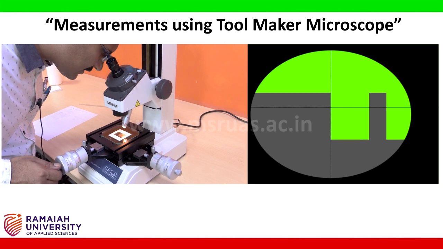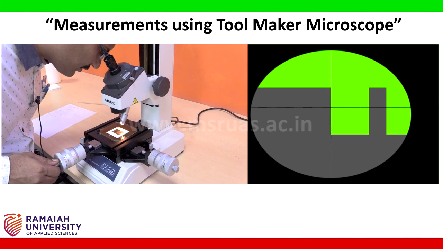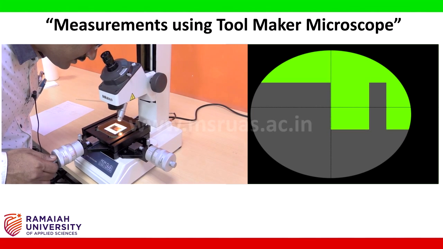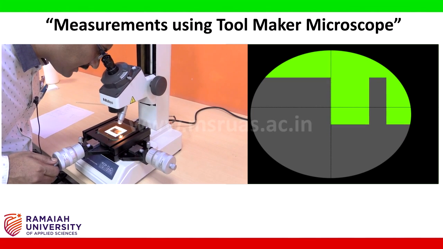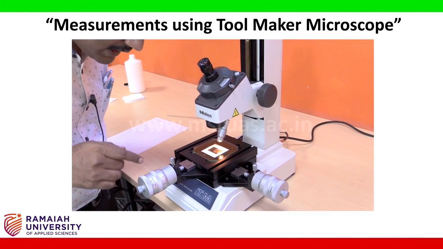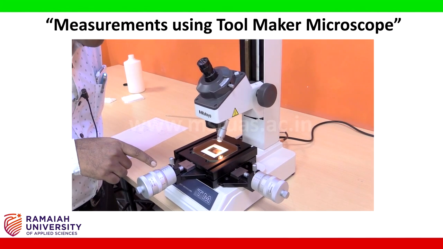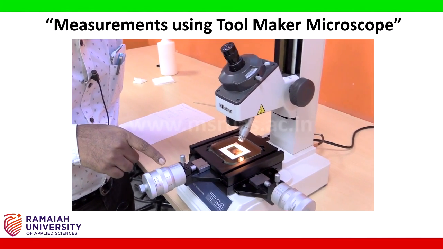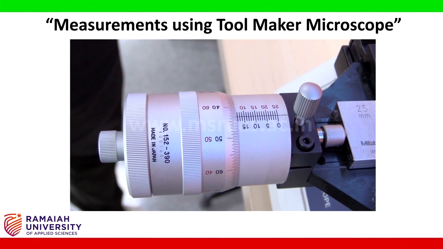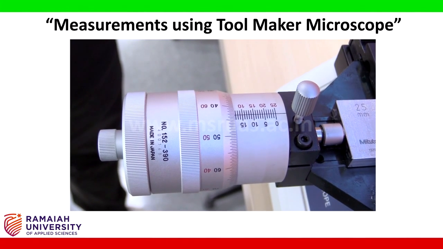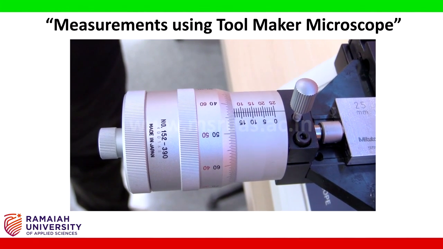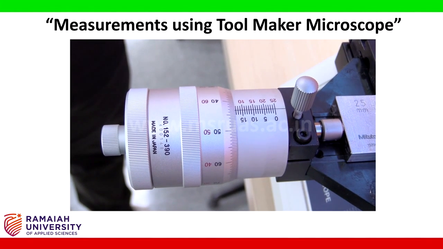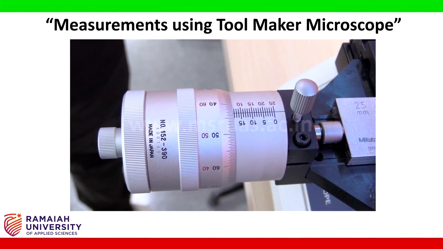Now I have touched the other end of the groove. The crosshairs have touched the other end of the groove. Now I will record the micrometer head readings and find out the difference. Now the micrometer head is reading 6.575. So the difference is 2 mm.